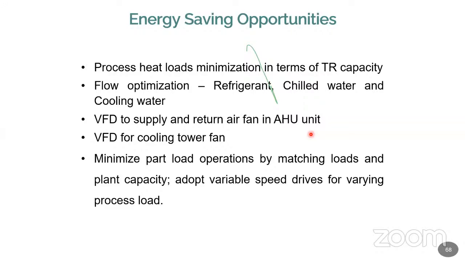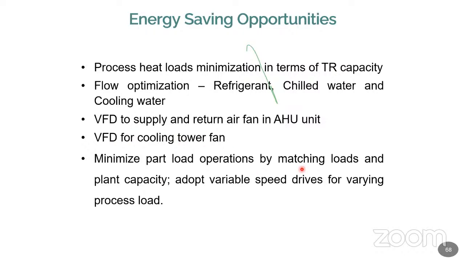The number of people available in the room is going to be very low. So you can use speed control of the AHU blower, the AHU fan, with the help of a VFD. I told you the VFD can also be applied to the cooling tower fan based on the temperature of the atmosphere, based on the summer condition, based on the winter condition. You can use the VFD.